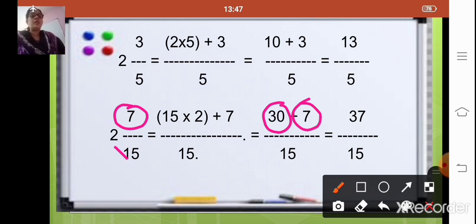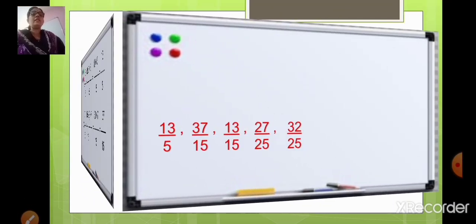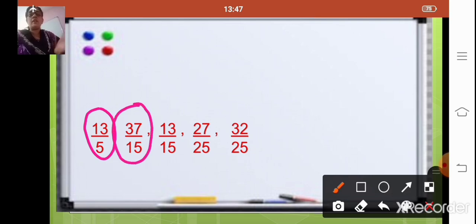Now just see here, the first fraction when you converted, you got 13 upon 5, and the second mixed fraction when you converted, you got 37 upon 15. The 13 upon 15 is already there in your question.